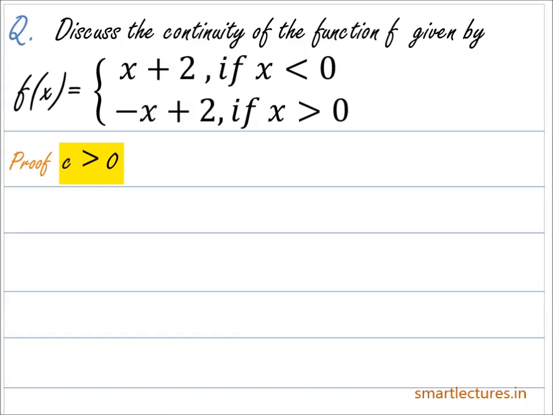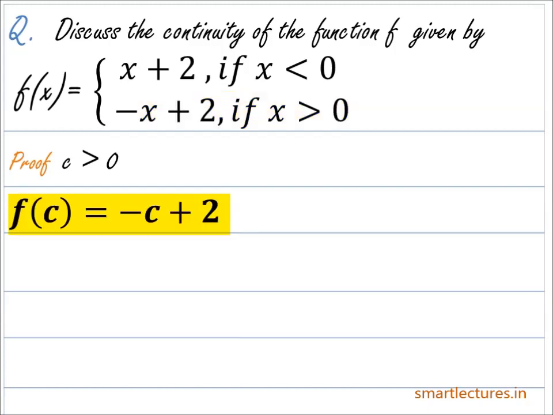Now in the second case, when C belongs to D2, or you can say when the point C is greater than 0, then in that case f of x is equal to minus x plus 2. So what will be the value of the function f of x at the point C when C is greater than 0? It will be minus x plus 2, or minus C plus 2.